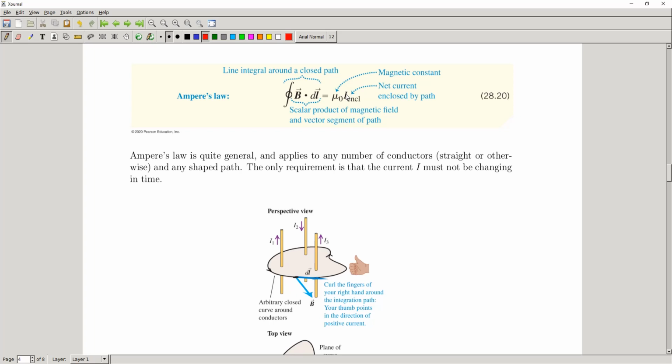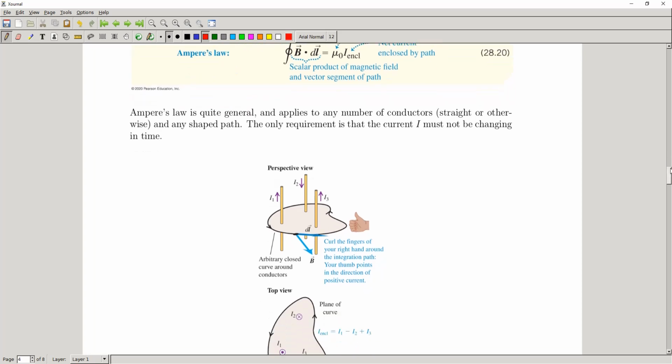Okay, so we can see it at play in this diagram down below here. We have multiple currents running through here, right? We use our right hand rule to have our fingers curl in the direction of the loop that we want to be integrating over. So our fingers are going to curl around the loop like this here, right?